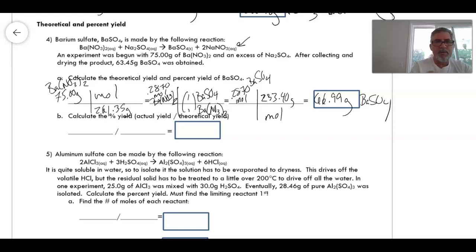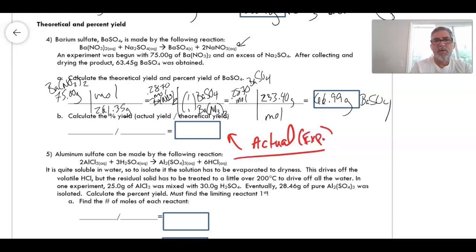For percent yield, remember, it's actual, which is the same thing as experimental, divided by theoretical. Okay, so it tells you up in here, after collecting and drying the product, so this right here is the actual that you got.